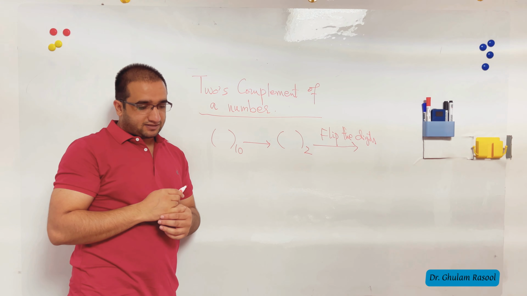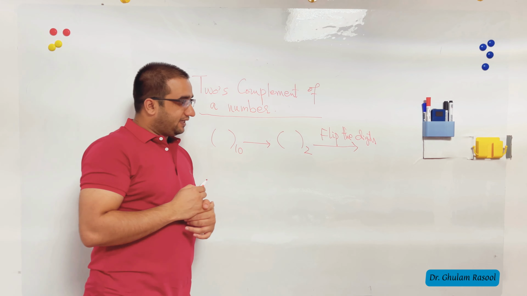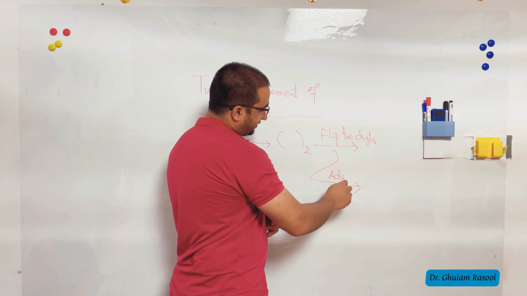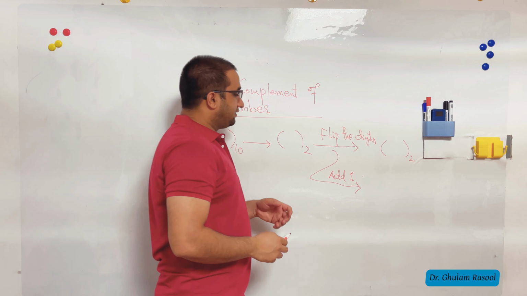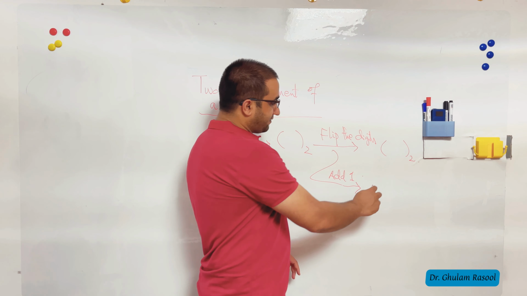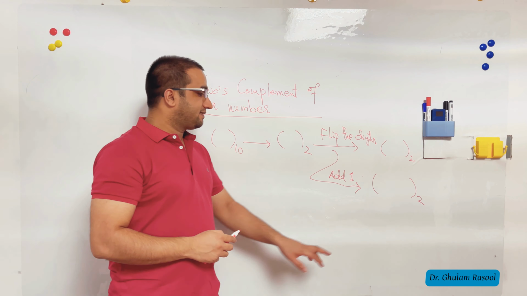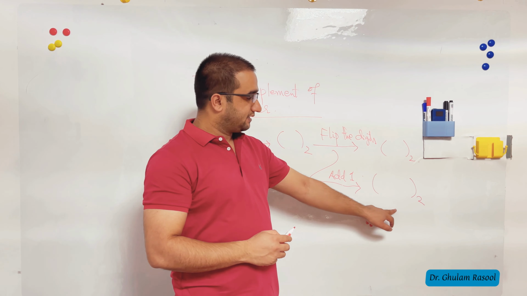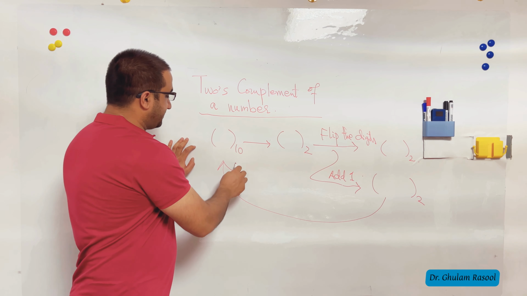Wherever there is a 1, make it 0. Wherever there is a 0, make it 1. And finally, add 1. Whatever comes will again be a binary number. Now this binary number at stage 4 is the 2's complement of this number.